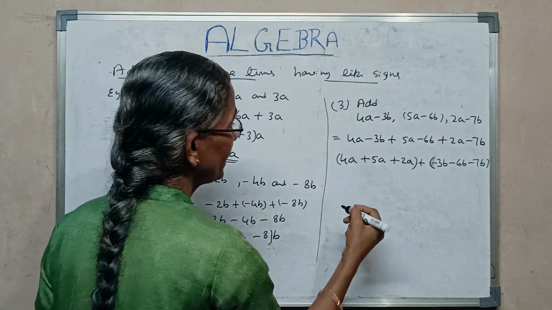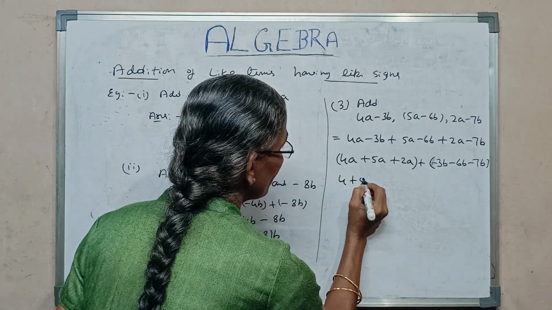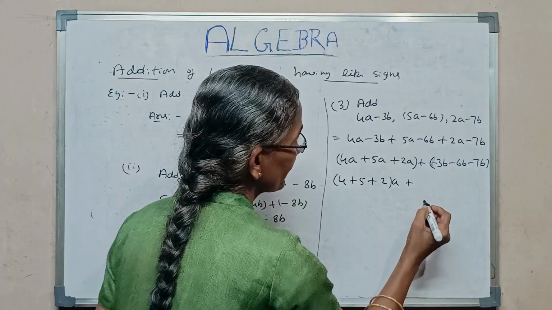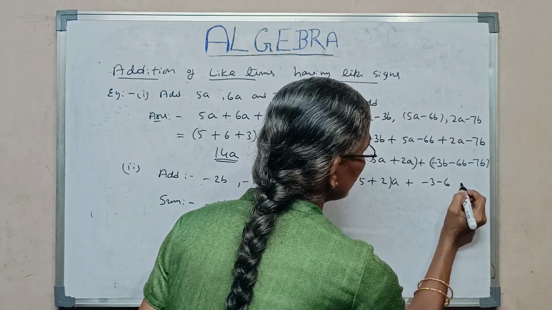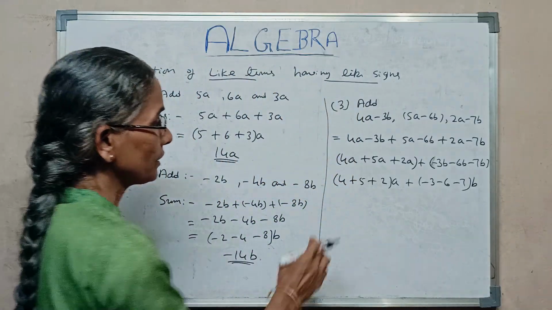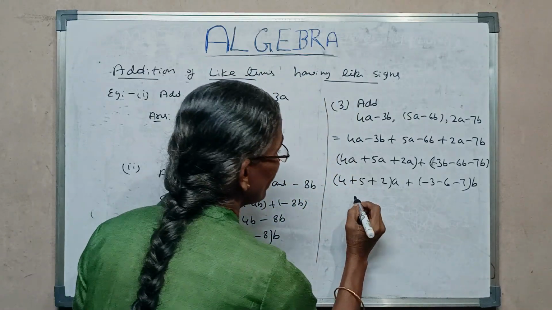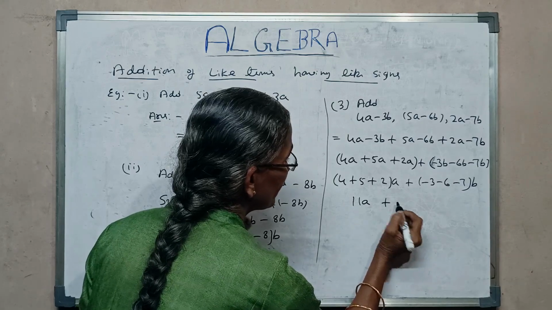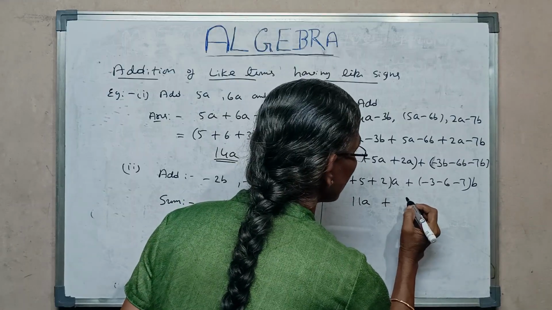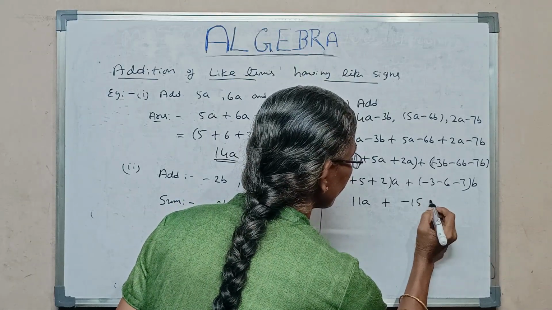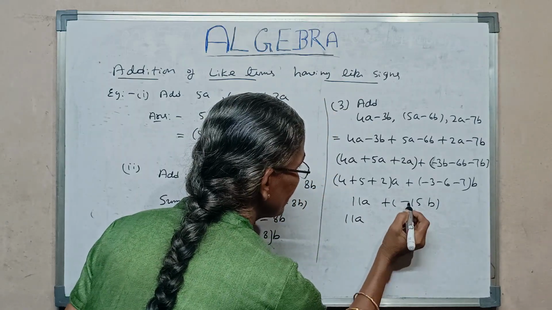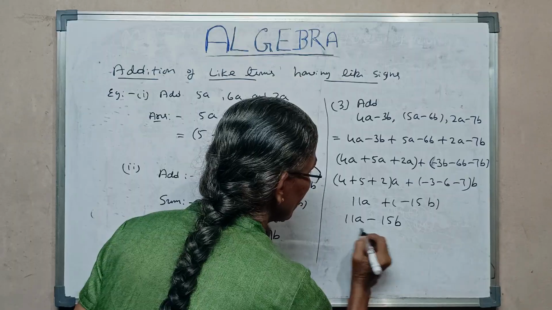So 4 plus 5 plus 2, a is outside, and minus 3 minus 6 minus 7, b is the common term. 4 plus 5 is 9, 9 plus 2 is 11, so 11a. Minus 3 minus 6 is minus 9, minus 9 minus 7 is minus 16. So 11a minus 16b.